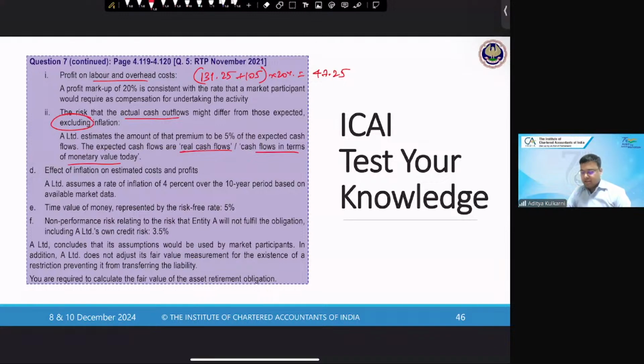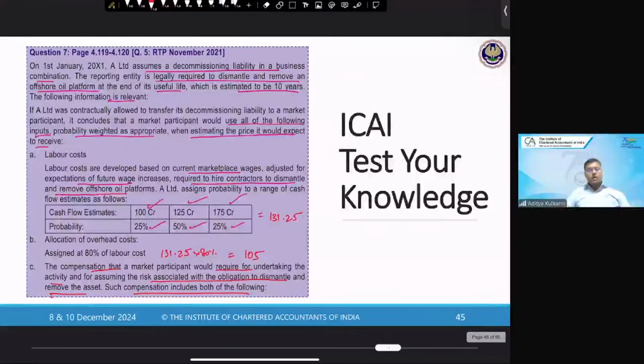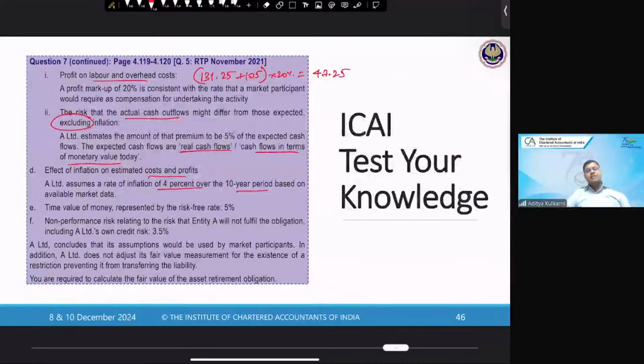Effect of inflation on estimated cost and profits. A Limited estimates that there is a rate of inflation of 4% over a 10-year period based on available market data. The costs given, 131, 105, 47, are all in today's price terms. But when are you actually going to do the activity? You are going to do the activity after 10 years.